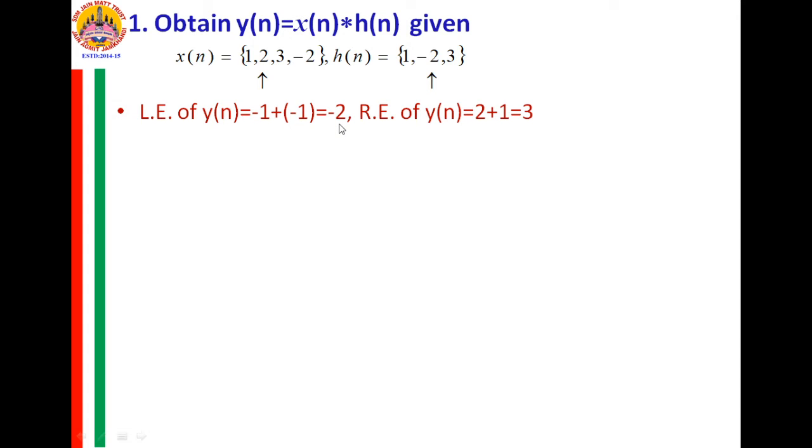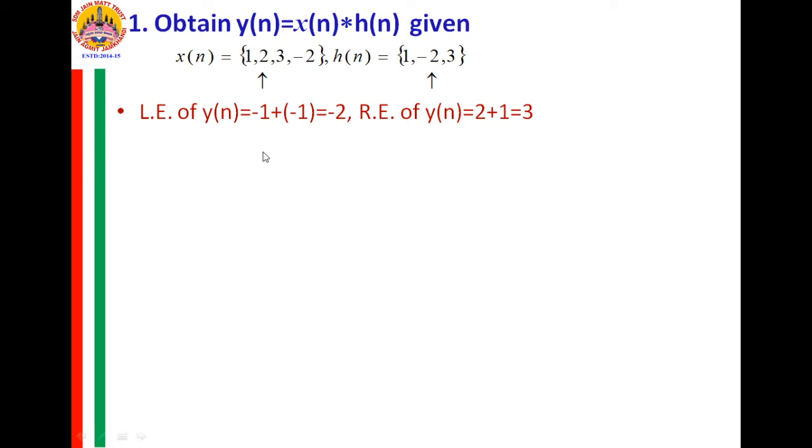Therefore, the left end of y of n is minus 2, and the right end of y of n is, since the right end of x of n is 2 and the right end of h of n is 1, 3. So, the left end and right end of y of n is from minus 2 to 3.